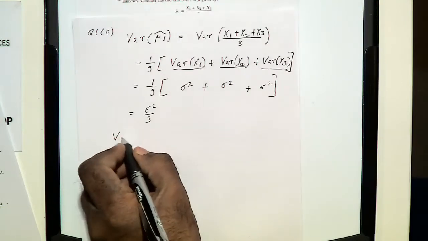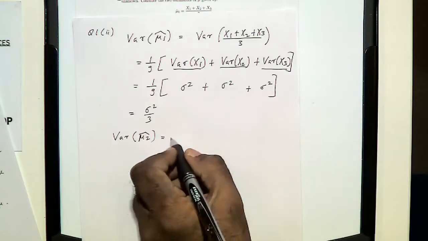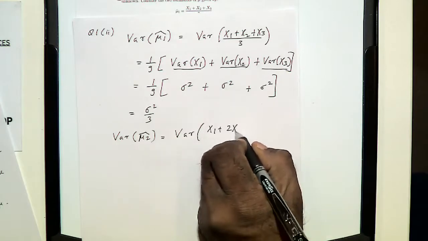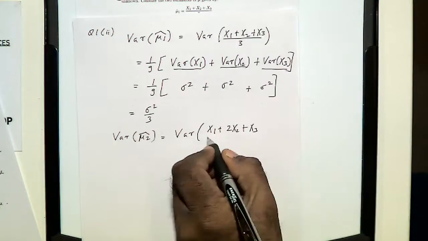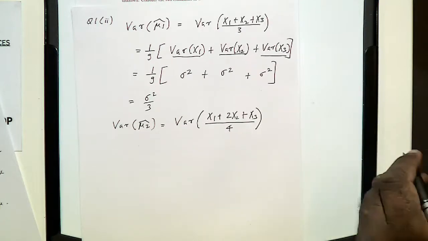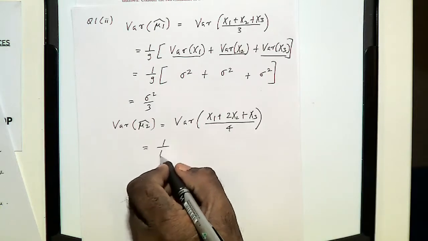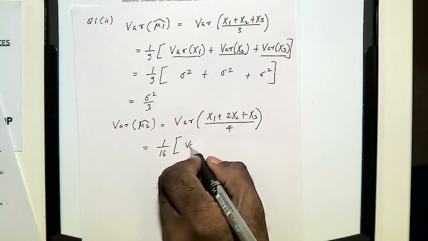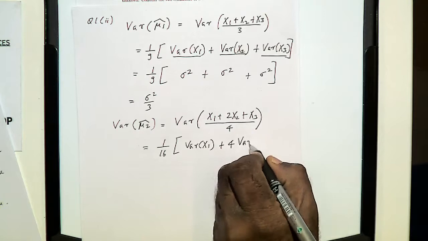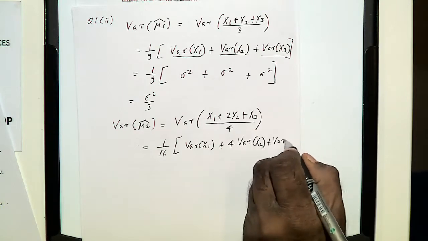Now, the same thing for the variance of mu2 hat. You should take the constants outside, making sure to square them. You will get 1 over 16, in brackets, variance of x1 plus 4 times the variance of x2 plus variance of x3.